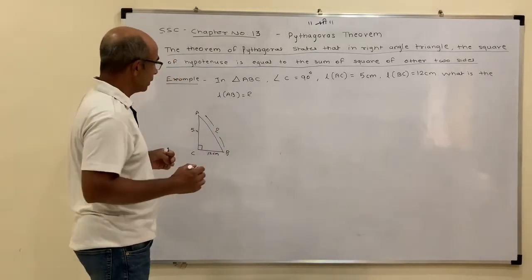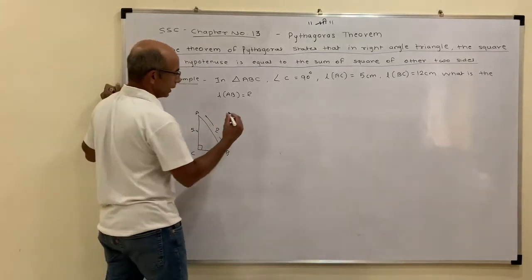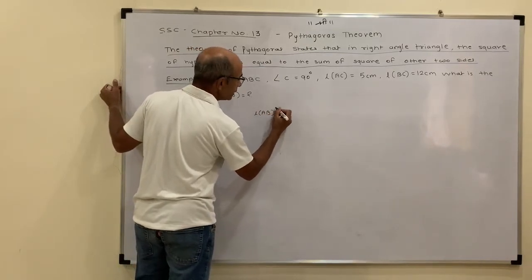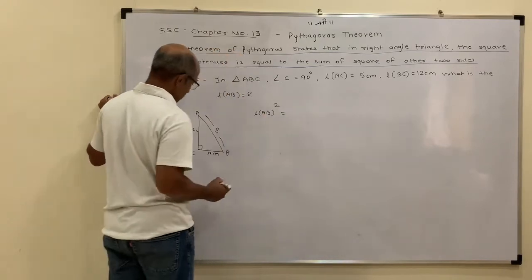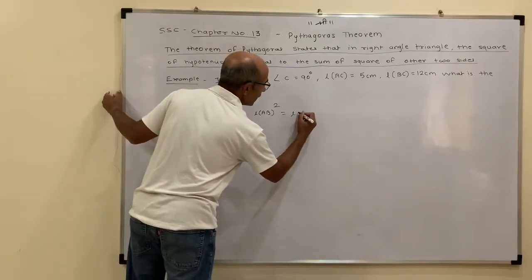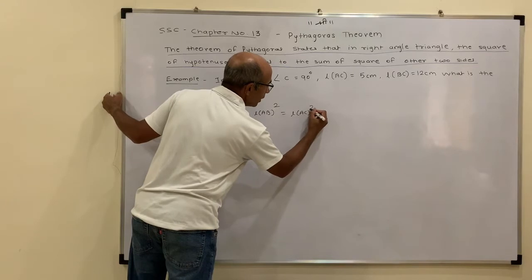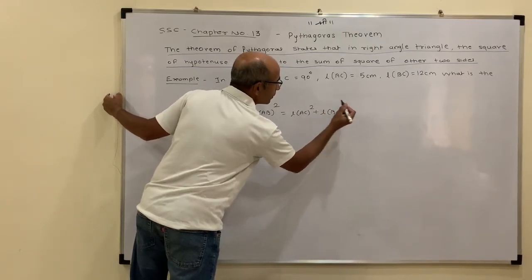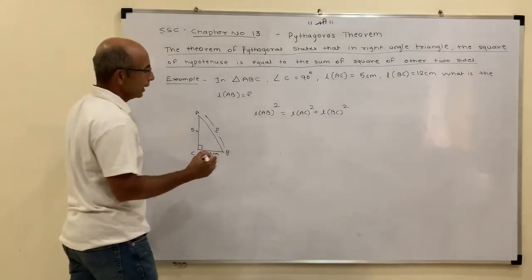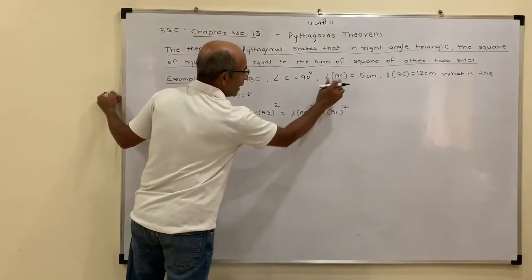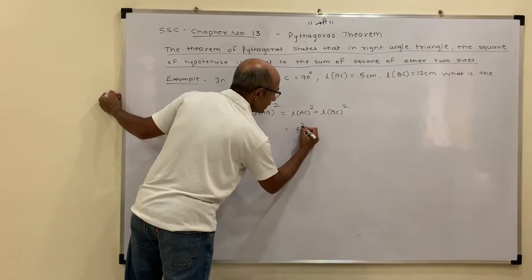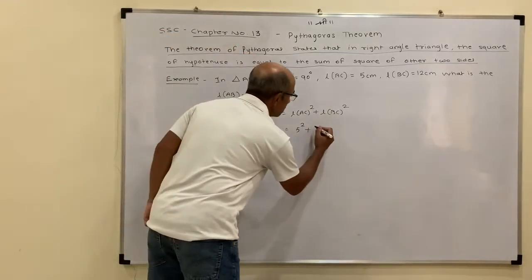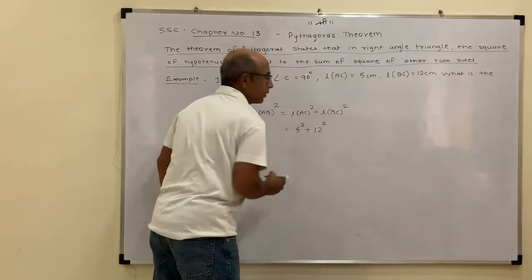So according to Pythagoras theorem, length AB square, which is hypotenuse, equals to length AC square plus length BC square. So length AC is equal to 5 centimeter, that is 5 square. Length BC is equal to 12 centimeter, so it's 12 square.